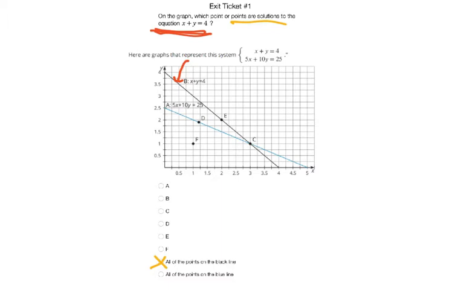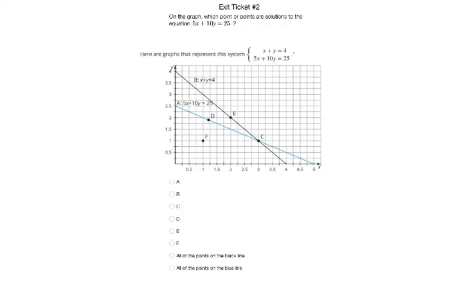Every single point on that black line is a solution to x plus y is equal to 4. I am sorry for stating that. It doesn't tell me if I'm wrong or right in Desmos, but it is correct to say all the points are on the black line.